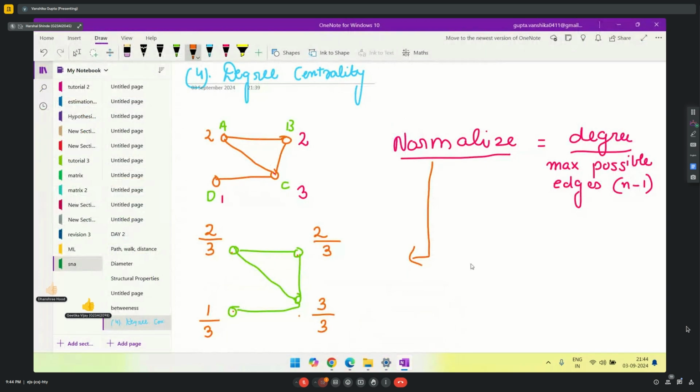N is the number of nodes, right? N is the number of nodes. Okay, got it.